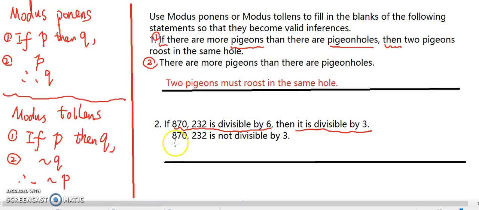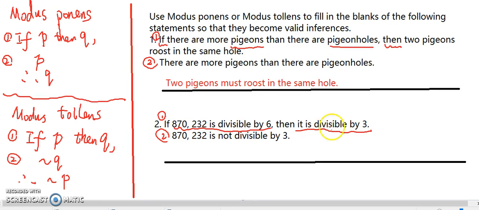And now, another premise we know, suppose we know 870,223 is not divisible by 3. What conclusion can we get?